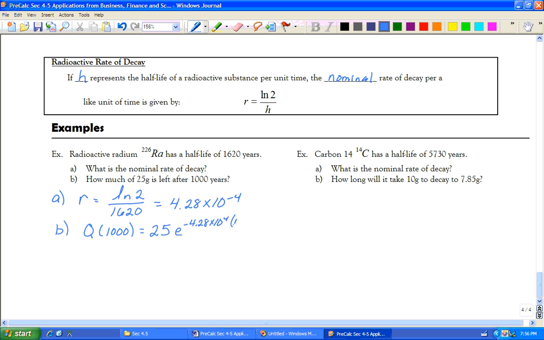And that's being multiplied by 1,000 because that's our time in years. So if we calculate that out, we get 25 times 0.6519, approximately equal to 16.3 grams. So if we have 25 grams and wait 1,000 years, we should end up with 16.3 grams.